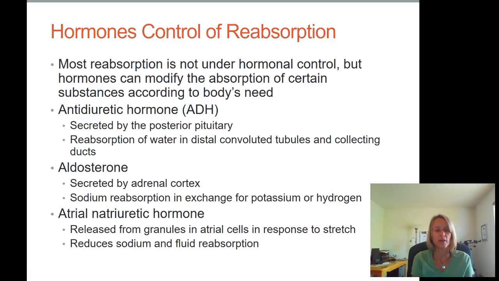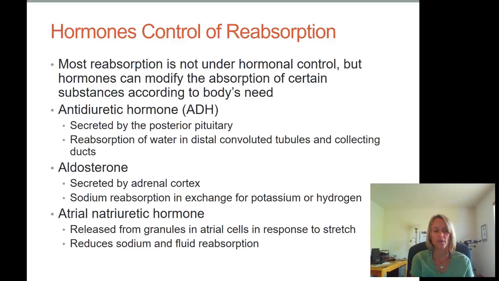Aldosterone, which is secreted by the adrenal cortex, is going to cause the reabsorption of sodium in exchange for potassium or in some cases hydrogen. So aldosterone does this by causing the transcription and translation of sodium-potassium ATPase pumps. So more sodium gets reabsorbed, more potassium goes out in the urine.